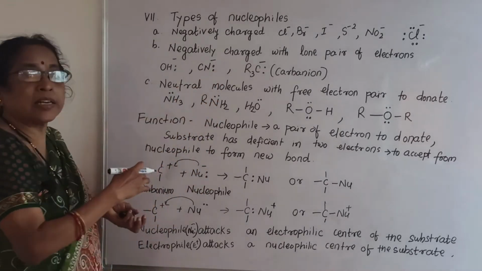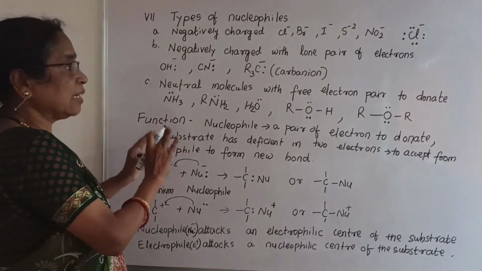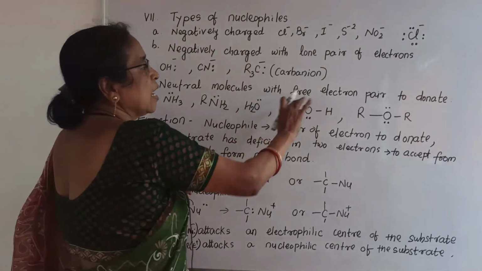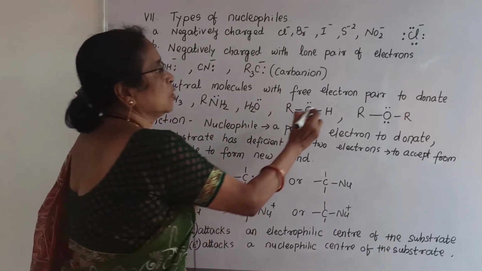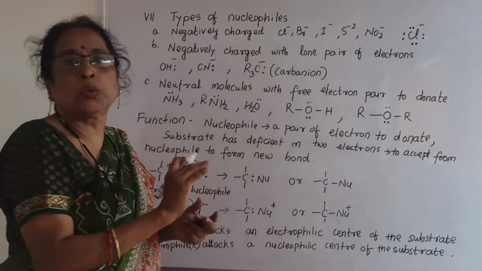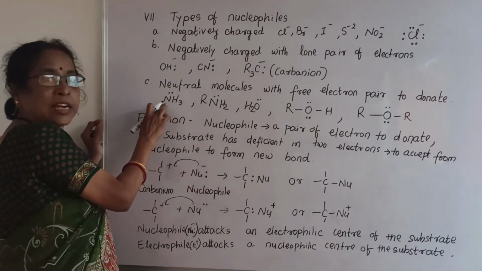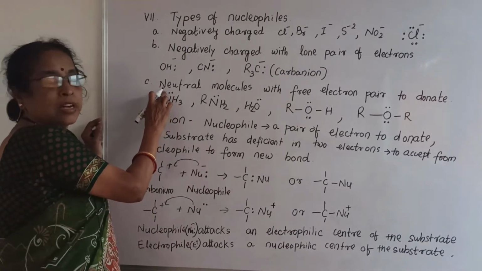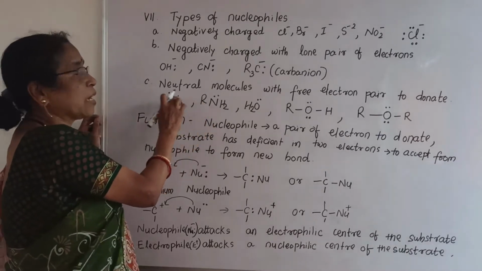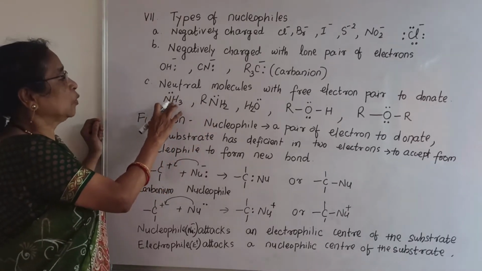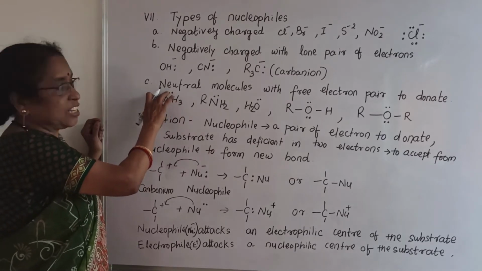And the third one is a neutral molecule, where there is no negative sign, but there is an electron pair to donate. That means it is visible. Now nitrogen has one pair of electrons everywhere, because nitrogen has 5 electrons in the outer shell and 3 are used, and the remaining one pair of electrons is here.